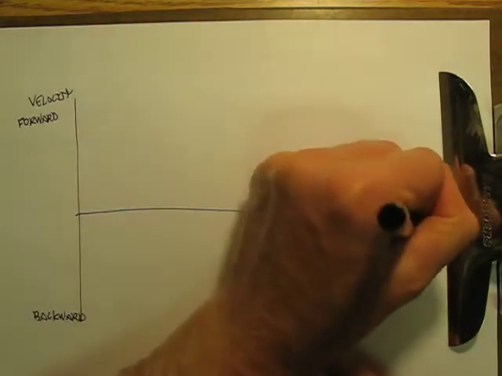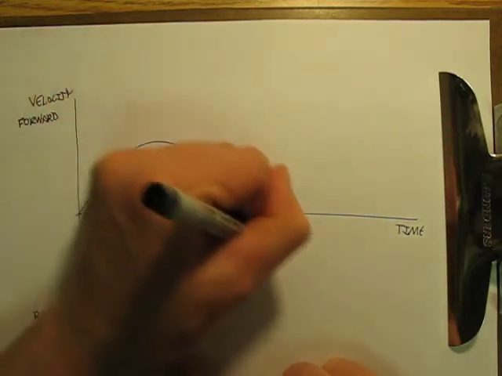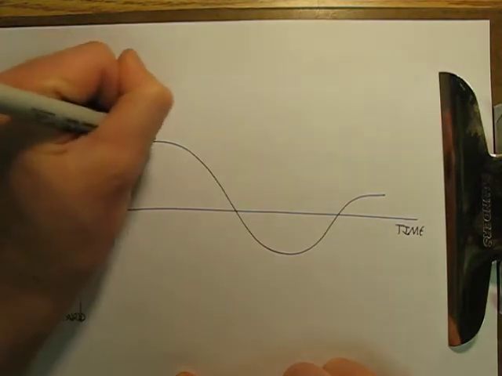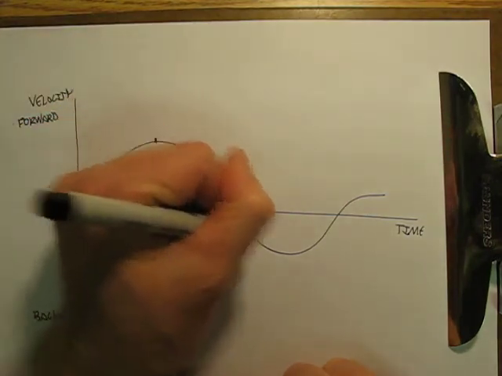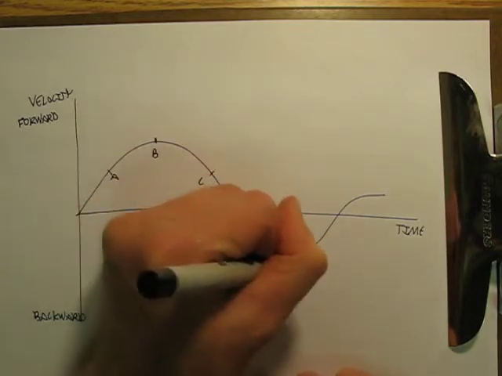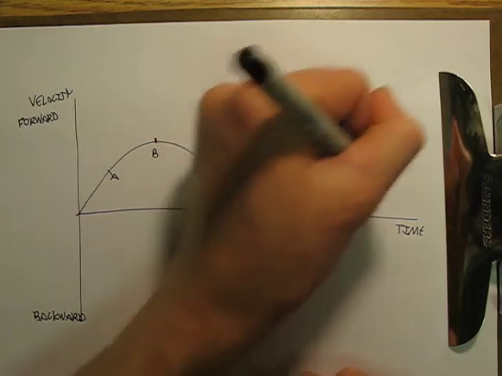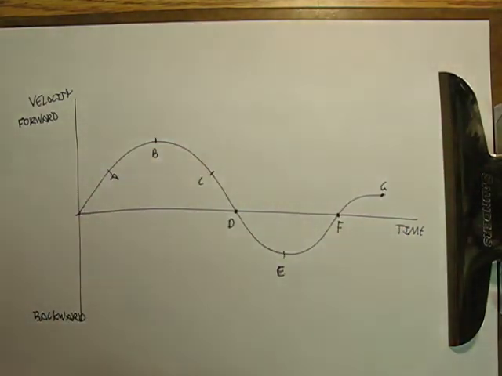This is going to be time, and almost the exact same thing. A, B, C, D, E, F, G. Okay, but they're going to have different meanings.